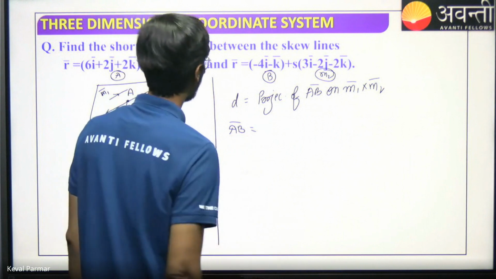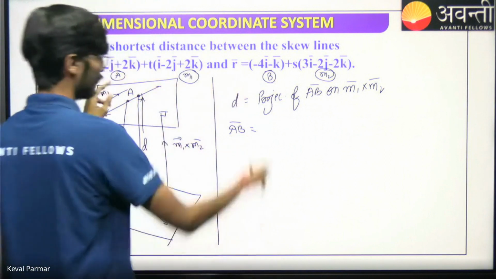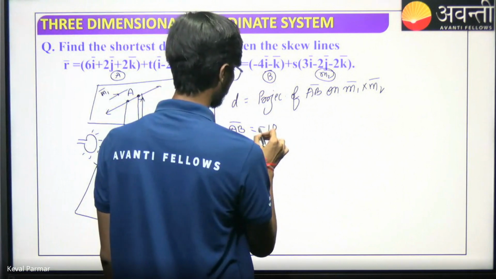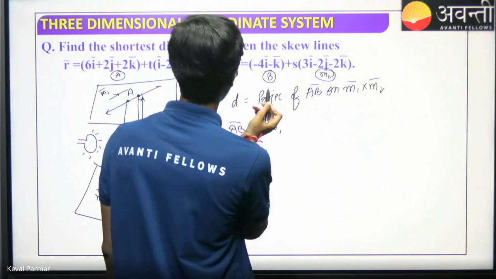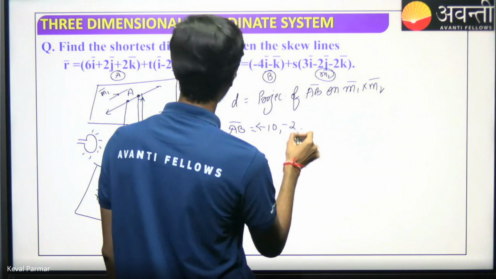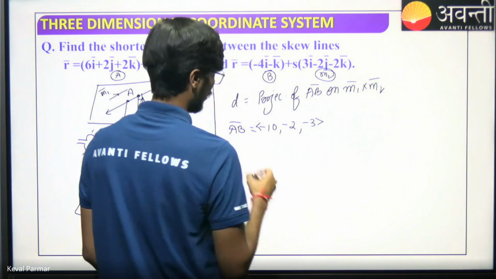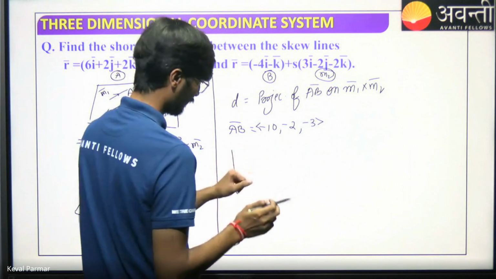So let us find the AB vector. AB vector is B minus A. This is B, this is A. So minus 10, comma, minus 2, comma, minus 3. Let us find M1 cross M2. How will we get M1 cross M2?